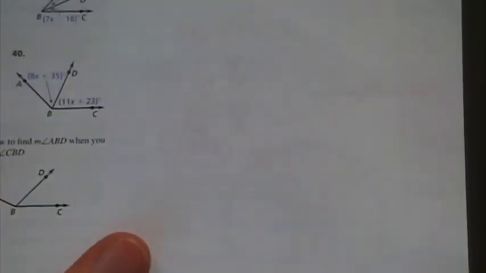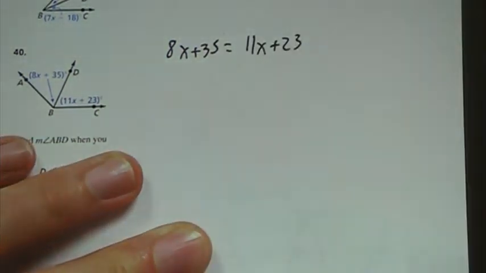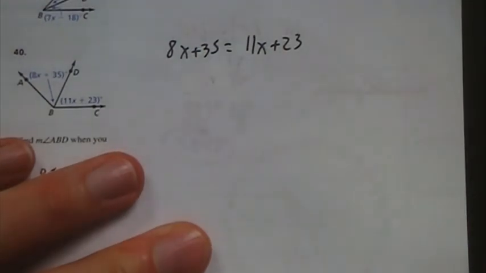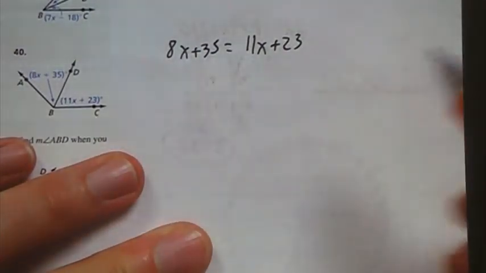So bisect means cut in half. So that means this piece equals this piece. So we can go 8x plus 35 equals 11x plus 23. From here, we need to get our variables on the same side.